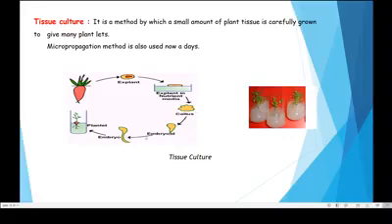Here you can see it forms an embryo, and then it forms a plantlet. This plantlet then gets transplanted into the soil and develops as an adult plant. Plants like orchids, chrysanthemum, and asparagus are grown by this method of tissue culture.